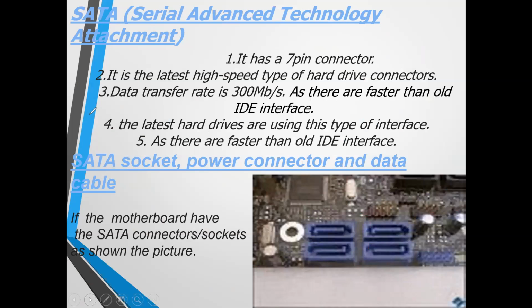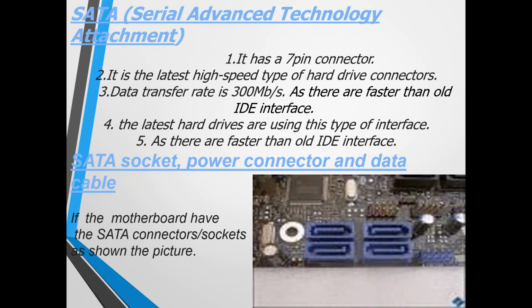Next, we've seen our IDE cable, power points are for the PATA, the Parallel Advanced Technology Attachment. The SATA is another one. SATA is smaller. It only has 7 pins. It has 7 pin connectors.